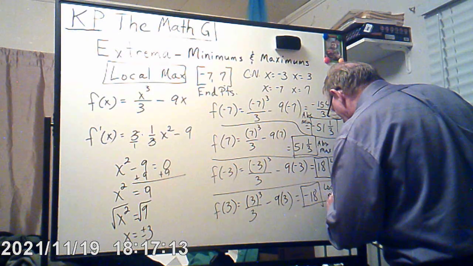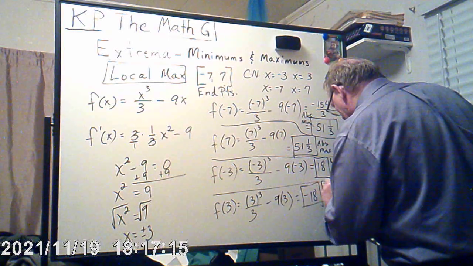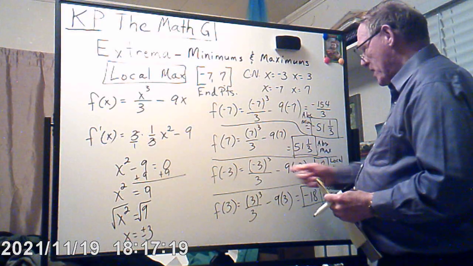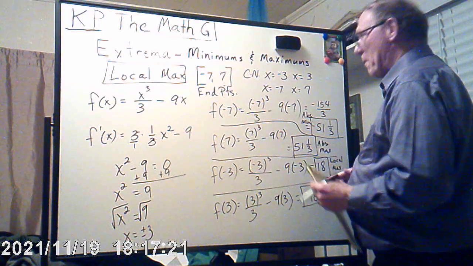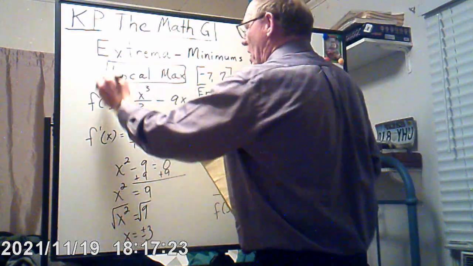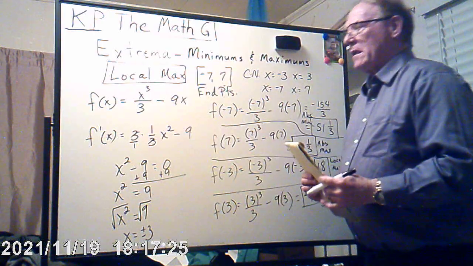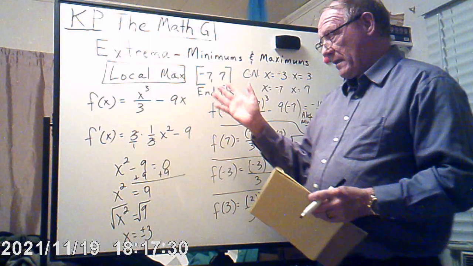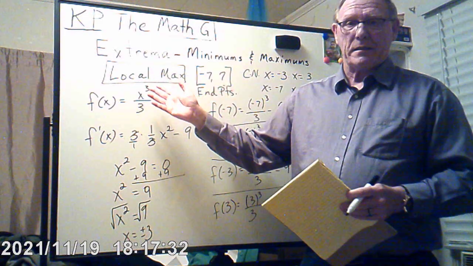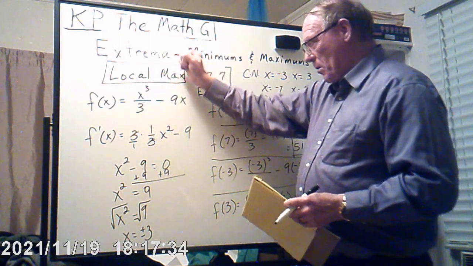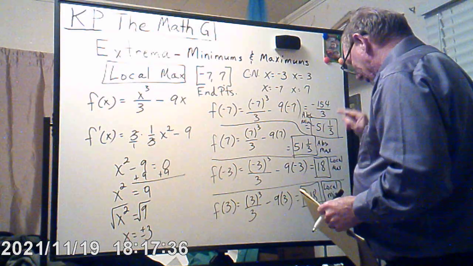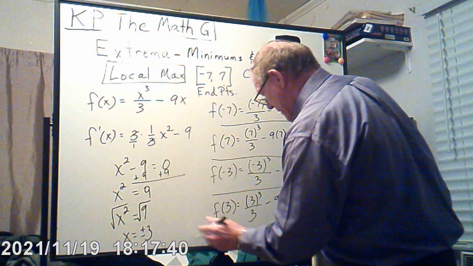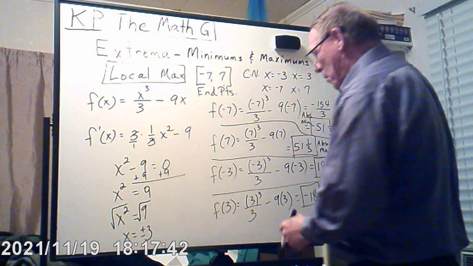This makes this a local min. And the deal is, we're looking for that value that gives us the local max. It depends, students, on the question, doesn't it? If this said local min, you would be picking this one. X equals 3 is a local min.